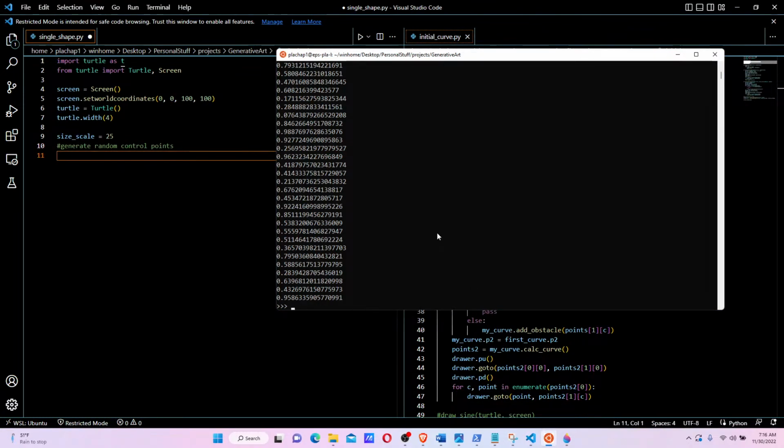So, we could print whatever that value is, minus 0.5, and then the highest number will be 0.5, the lowest number will be minus 0.5, and then what, multiply by 2?